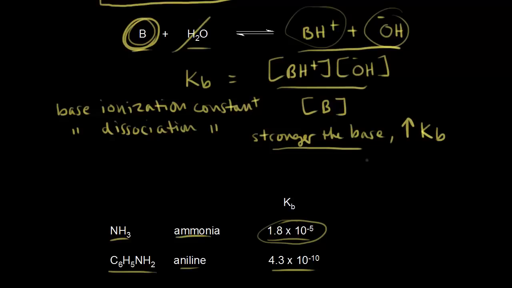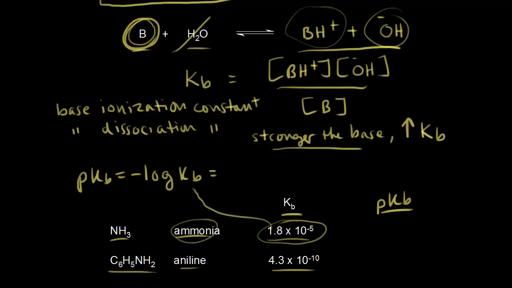Remember when we talked about Ka, we also talked about pKa, and so we're going to do the same thing here. We've talked about Kb, and so now let's talk about calculating the pKb. So the pKb is equal to the negative log of the Kb. So let's say we wanted to find the pKb for ammonia.